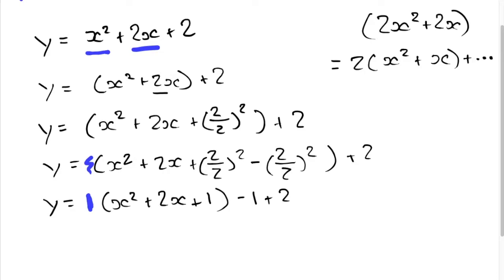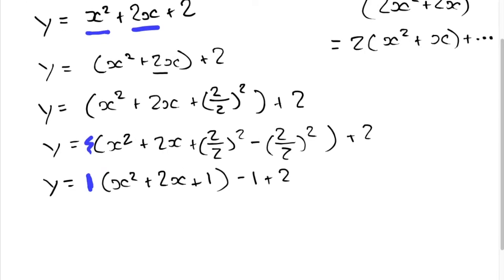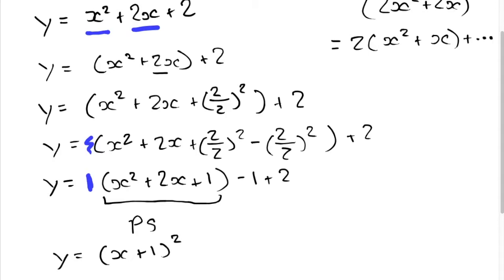Now that I have that, I'm going to simplify this, and I'm going to factor this bracket into a perfect square. So I can write this as y is equal to x plus 1 squared, of course, and then negative 1 plus 2, which is, of course, plus 1.